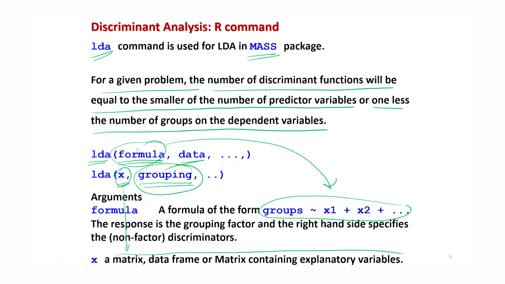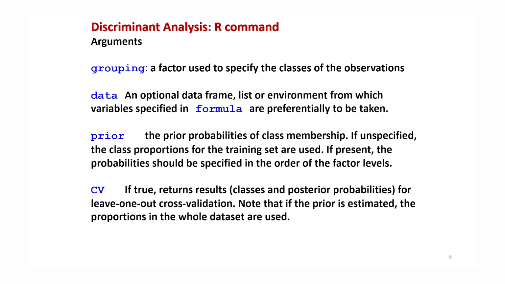You can choose any one of them. Grouping is a factor which is used to specify the classes of the observations. If you have called them, say, group 1, 2, 3, then I can convert it into a factor as, say, lower, middle, upper, and so on.